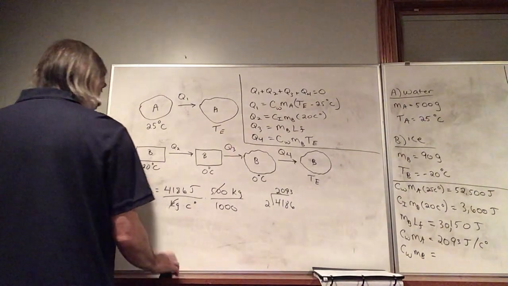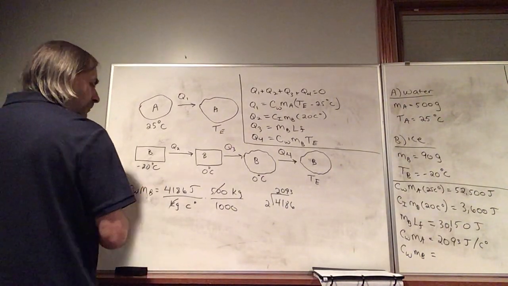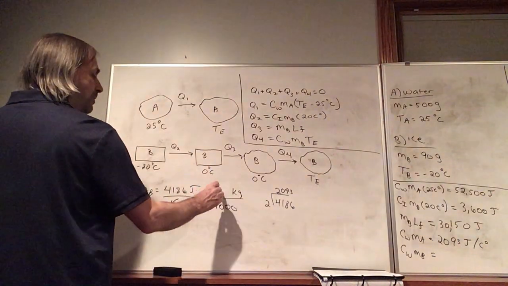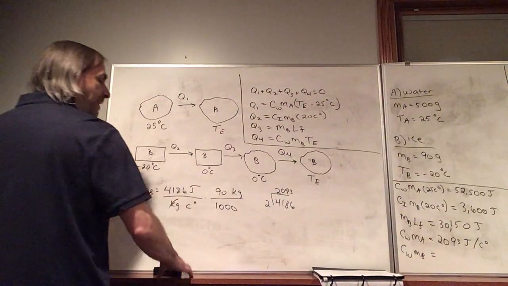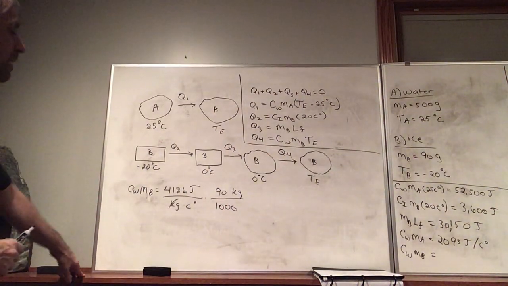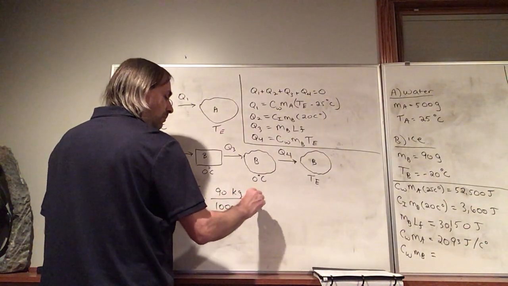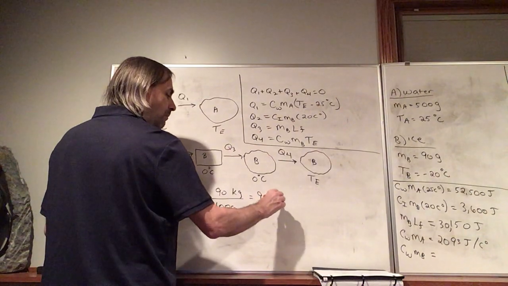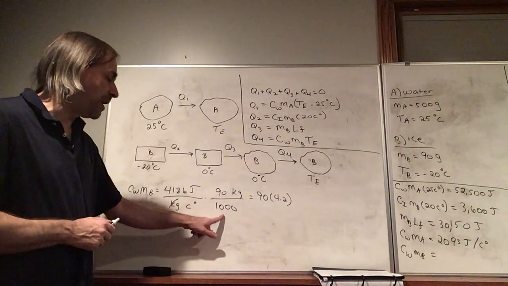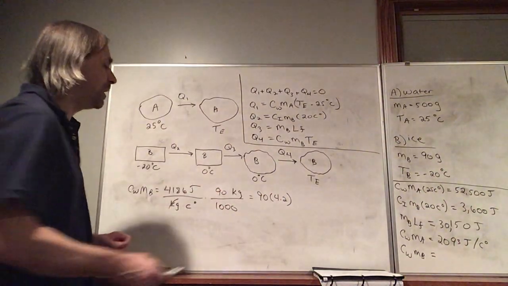And then for CWMB, we're going to have 90 grams here, so that'd be 90 kilograms over 1,000. So I'm going to approximate this again. I'm going to take 90 times 4.2. So we're doing 4186 divided by 1,000. That's 4.186. Let's say 4.2 times 90.